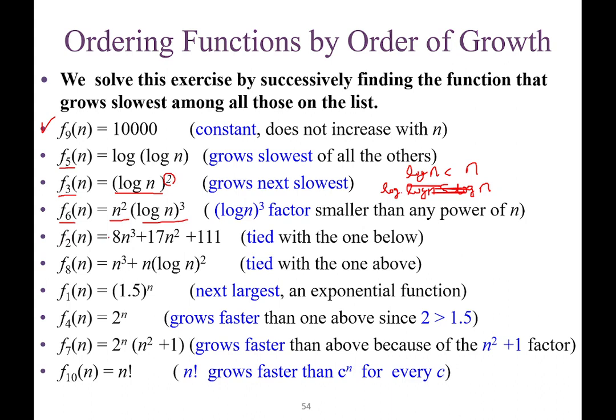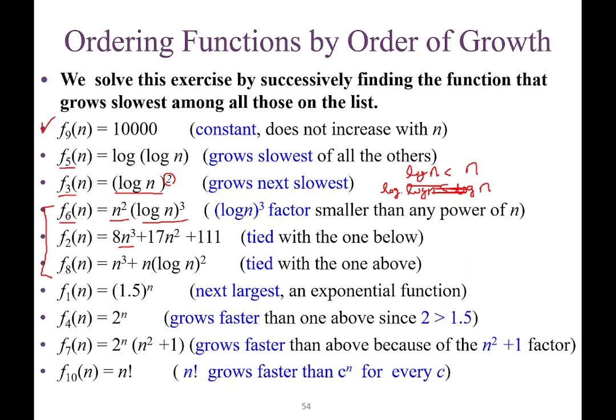Next, we go to another category. Because we have n squared times something, we have a times n cubed, and we have n cubed plus n times log n squared. We can consider these polynomial functions together. Here we have n squared times log n, and because log n is less than n, n squared times log n is less than n squared times n, which is n cubed.